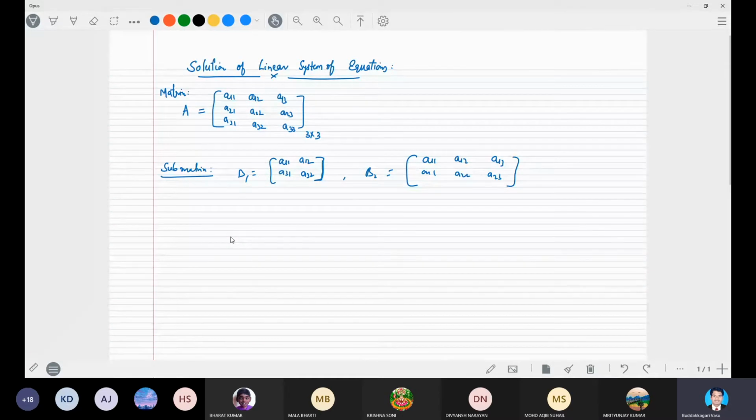Okay. So now what is a minor? Tell me, what is a minor? Anybody know? Sir, if we remove the first row and first column, then the left part will be a minor.